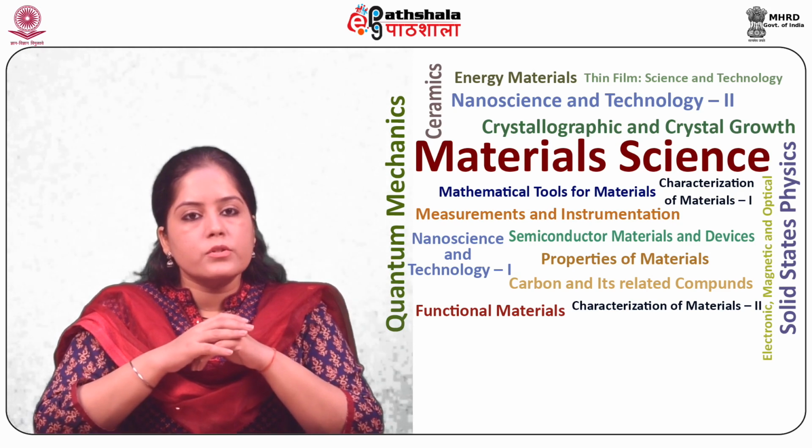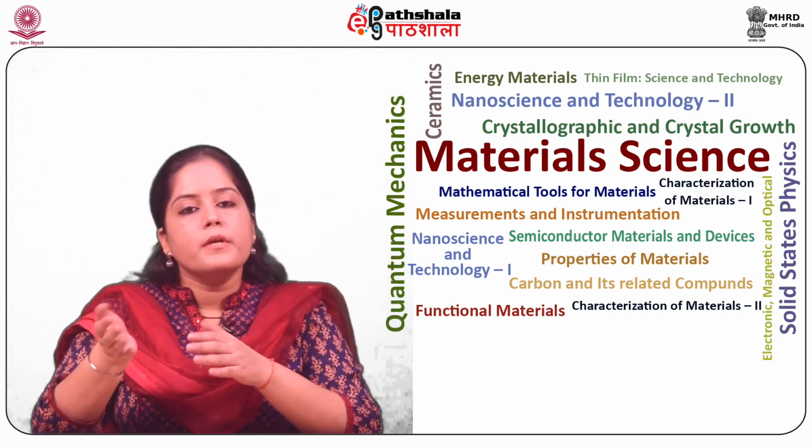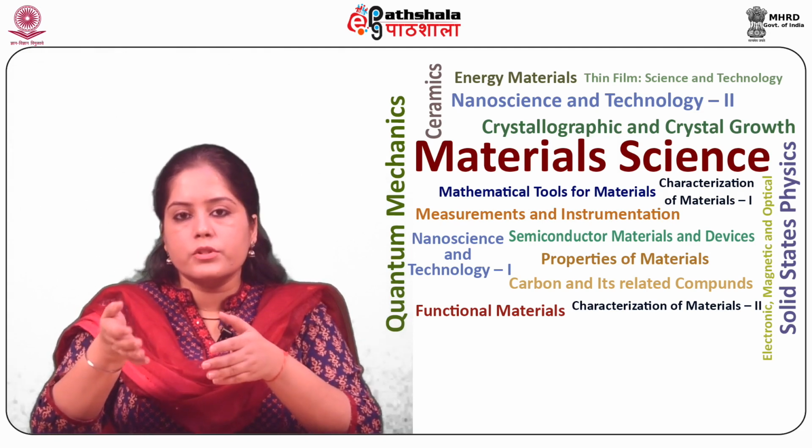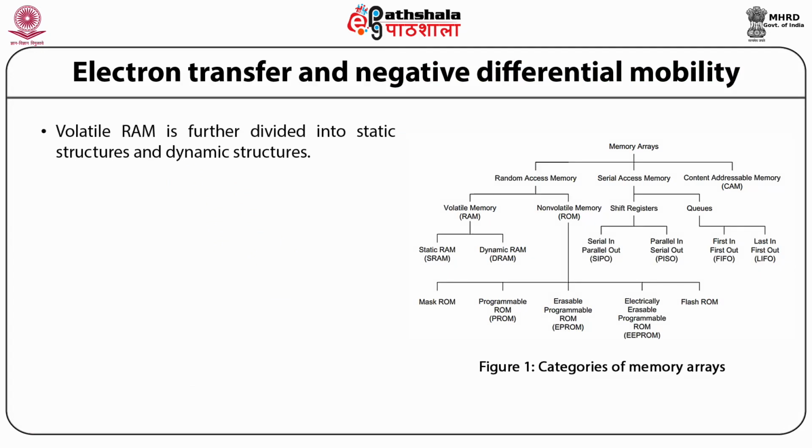RAM is generally used with respect to volatile memory, while ROM is synonymously used with non-volatile memory. Volatile RAM, as you can see in this figure, students, is further divided into static structures and dynamic structures.